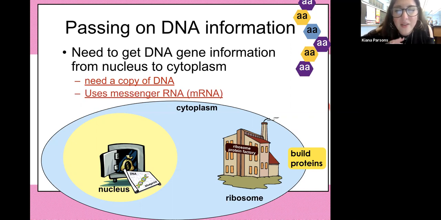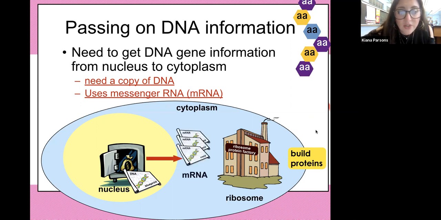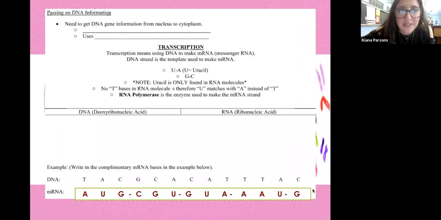And here's where we add a little complication to our ATGC rule when we talk about RNA. So this messenger RNA is very important and it is involved in the process of transcription. So the DNA from the nucleus is transported out of the nucleus as mRNA, which makes its way to the ribosome, where it then is used as the instructions to build proteins.